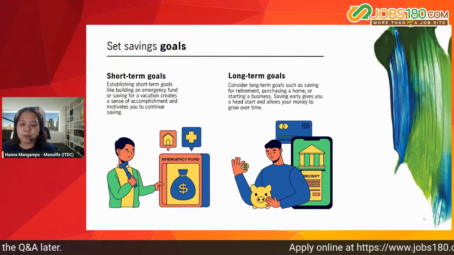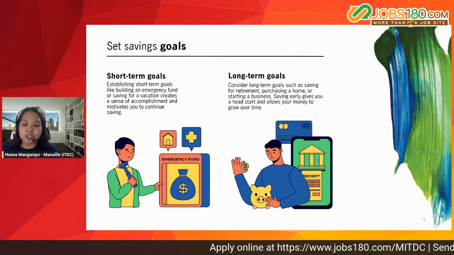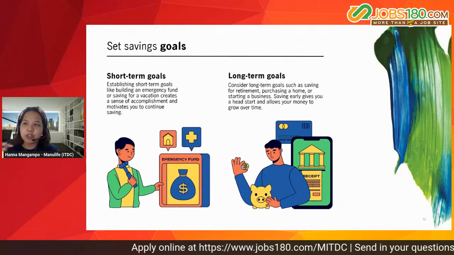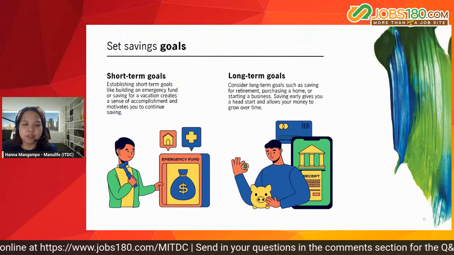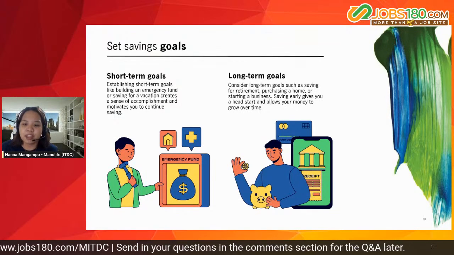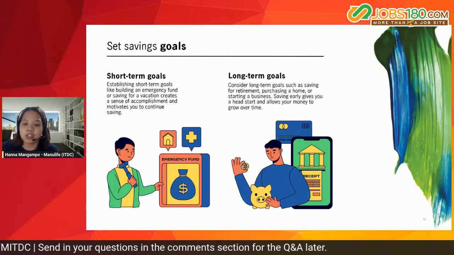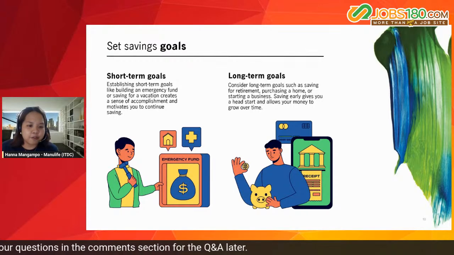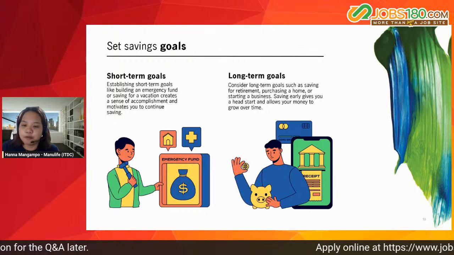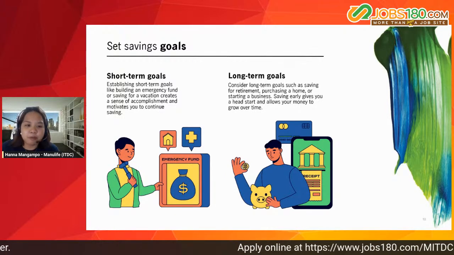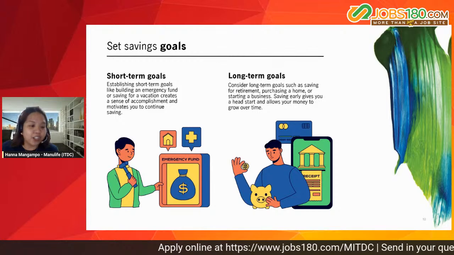So for long term, those are the bigger dreams naman. So if we will look at it right now, those dreams, they may seem very far off, but totally within your reach if you start saving. So for instance, someone mentioned buying a home, condo, or business. And then may isa pa kanina na early retirement.